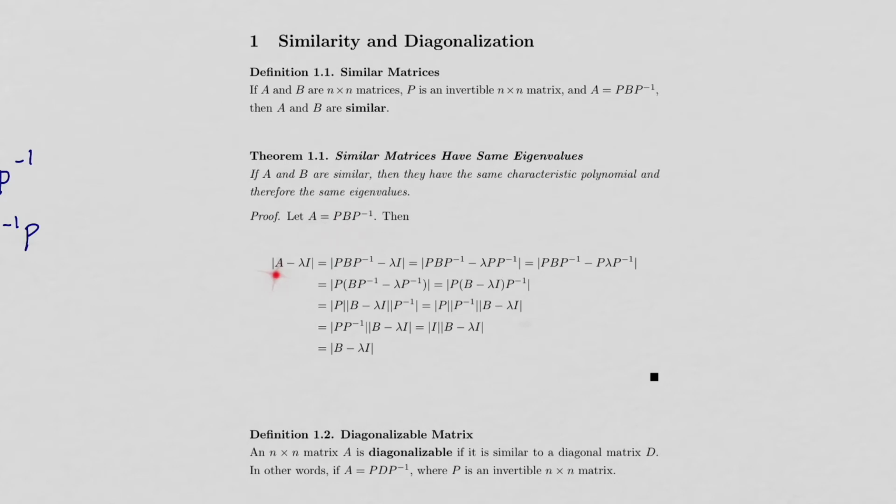I'll replace A here with P B P inverse, and then I won't go through every single step here, but we're just using properties of determinants and matrix multiplication to show that the determinant of A minus lambda I is equal to the determinant of B minus lambda I. And remember that the determinant of A minus lambda I is just the characteristic polynomial of A, and likewise the determinant of B minus lambda I is the characteristic polynomial of B, and that proves the theorem.